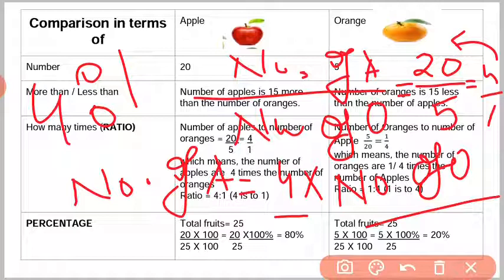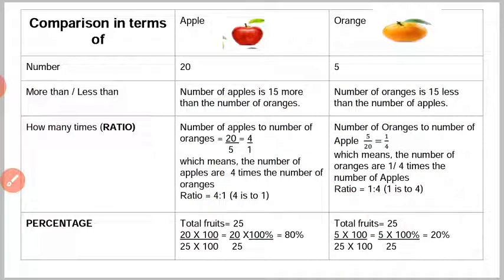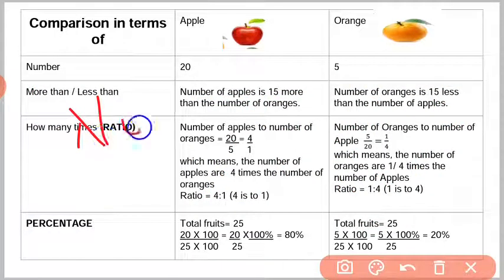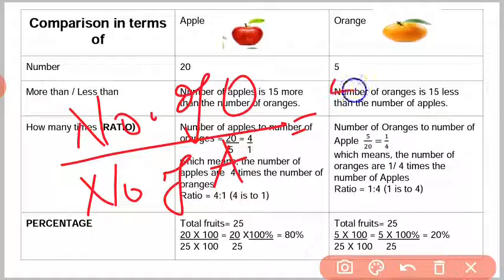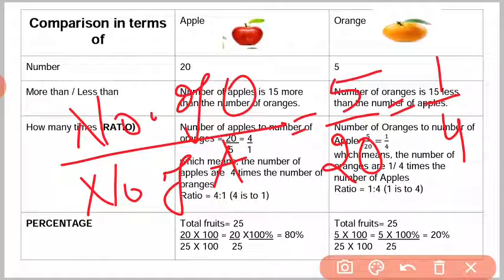In the similar way, we can write ratio as number of oranges divided by number of apples. So how many oranges are there? There are 5 oranges and 20 apples. So what will be the answer? 1 by 4.